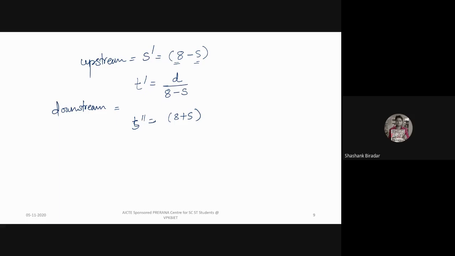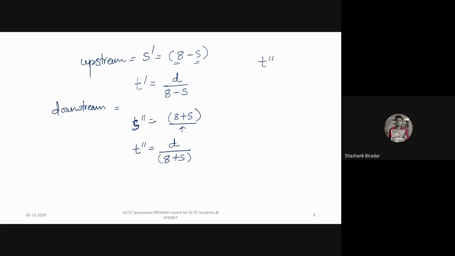Because in still water the speed of man is 8 km per hour, and in downstream he is flowing with the stream. That is why we have added this parameter. So this time downstream is 8 plus S.